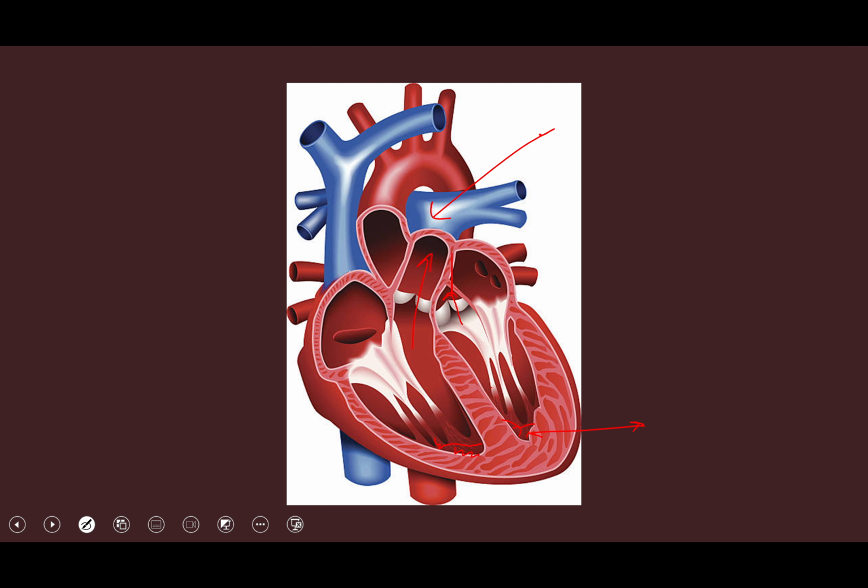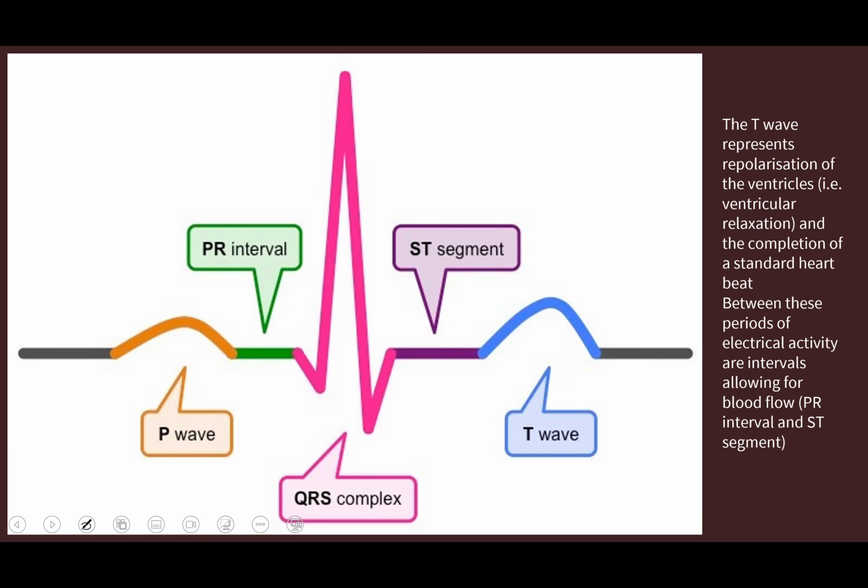And cardiac output would be the number of heartbeats times the stroke volume of the heart. Hopefully that makes sense. So this is shown as a T wave now. The T wave represents repolarization of the ventricles within the ventricular relaxation, and the completion of a standard heartbeat. We are now done.